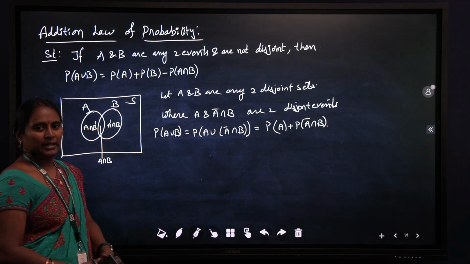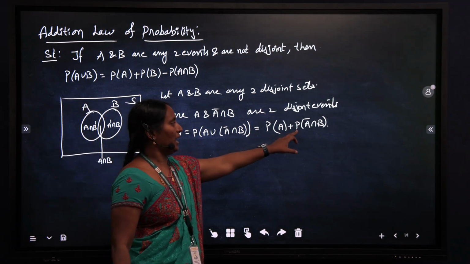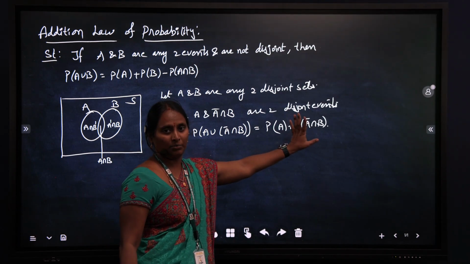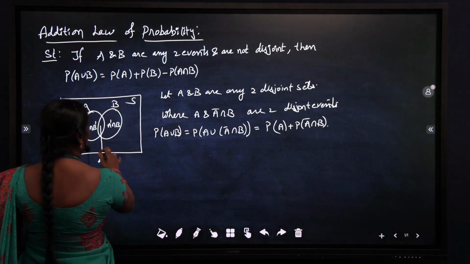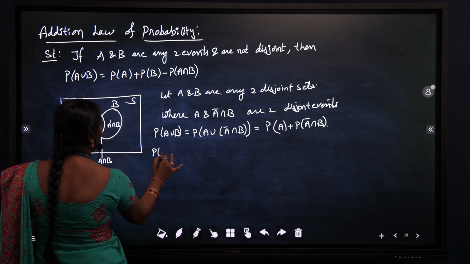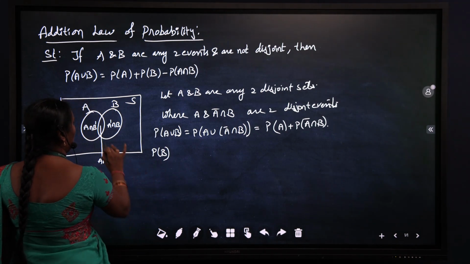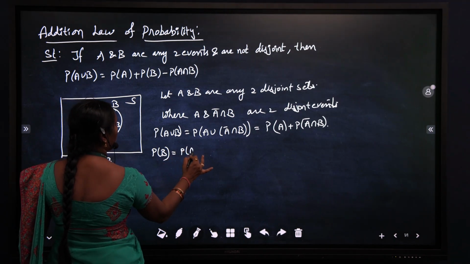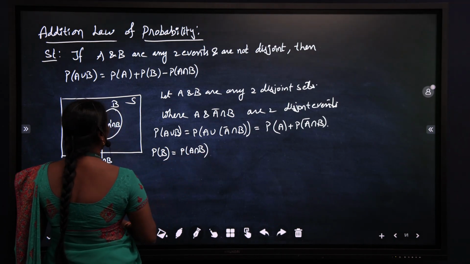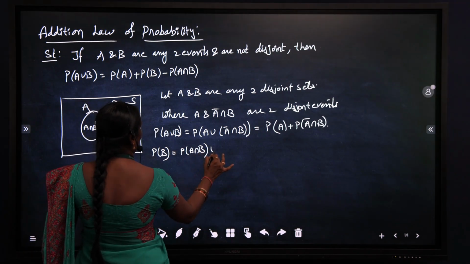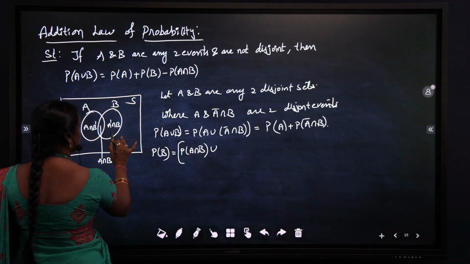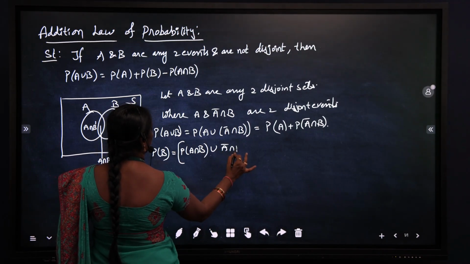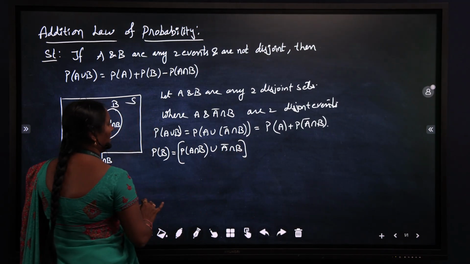Now, the common elements are the elements not in the set A but in the set B. From this Venn diagram, let us write P of B. P of B consists of the common elements, A intersection B, and the union of the elements on the right hand side of the set, A bar intersection B. These are the two parts of the set.